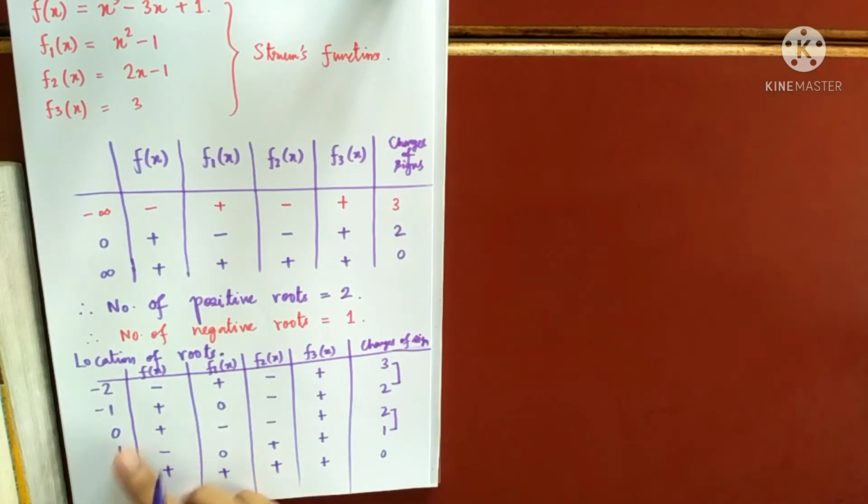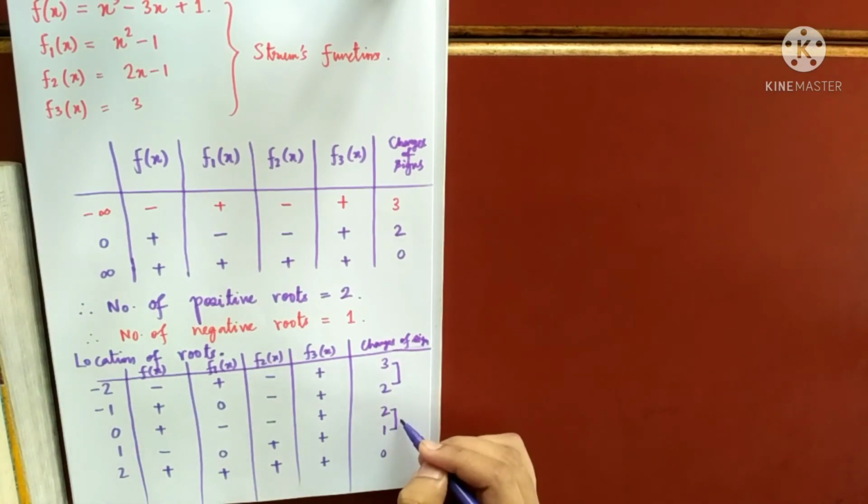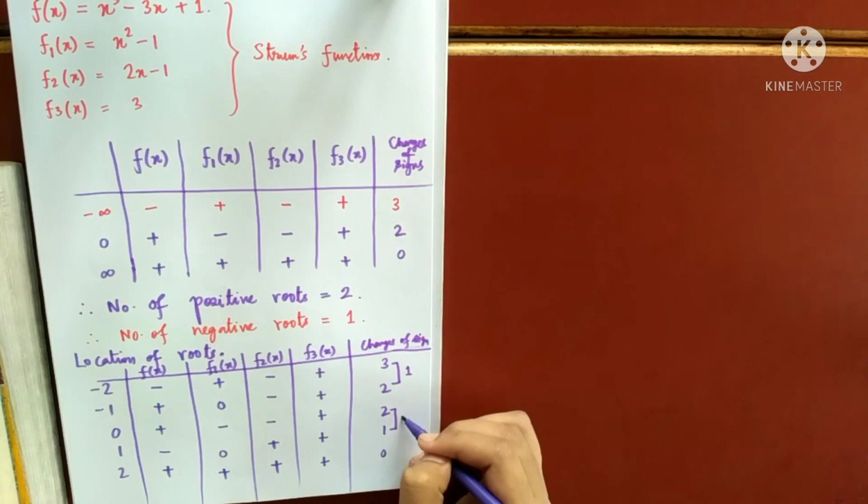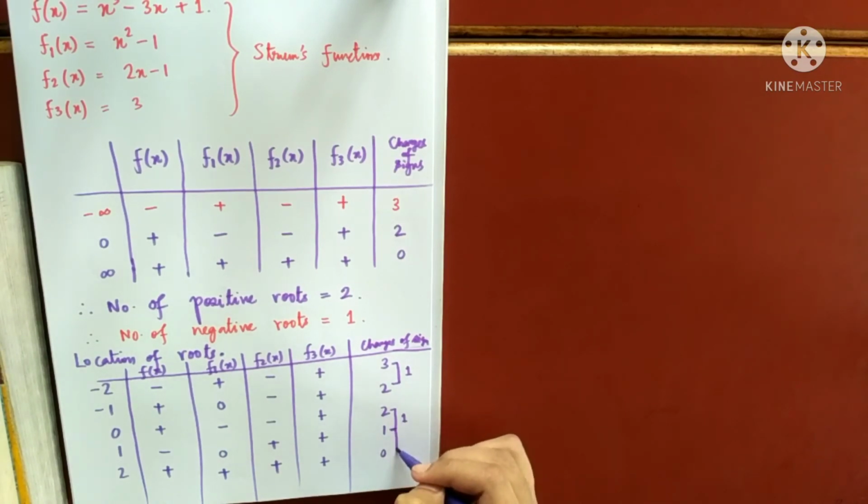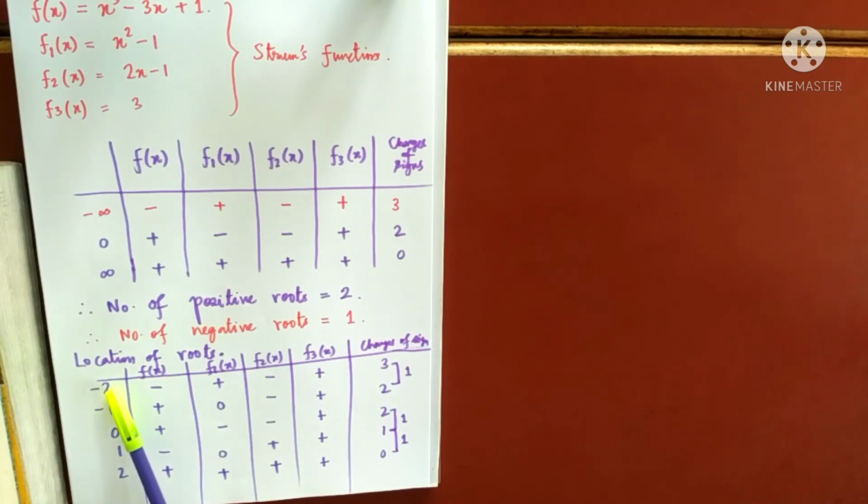There is a root lying between 0 and 1, and the excess of sign is 1. So the excess is 1 here, 1 here, and 1 here. So I have got the exact location of the roots. One root lies between -2 and -1, another between 0 and 1, another between 1 and 2. I have got the position of all three.